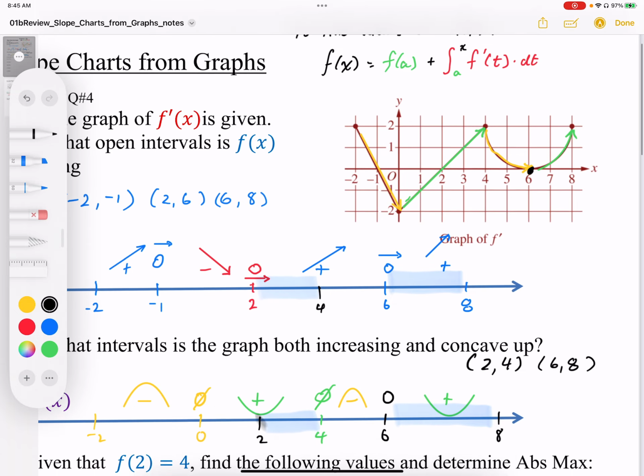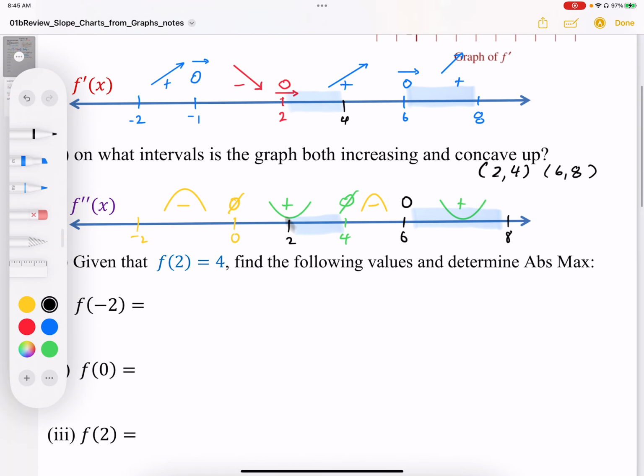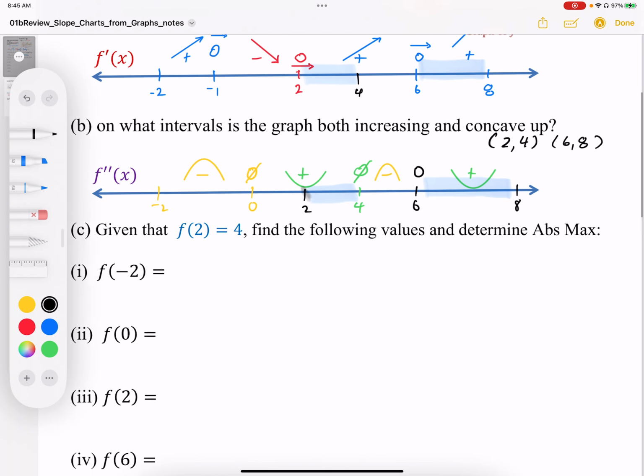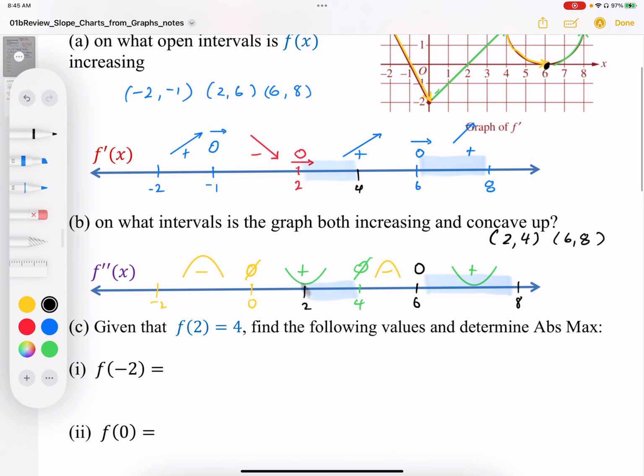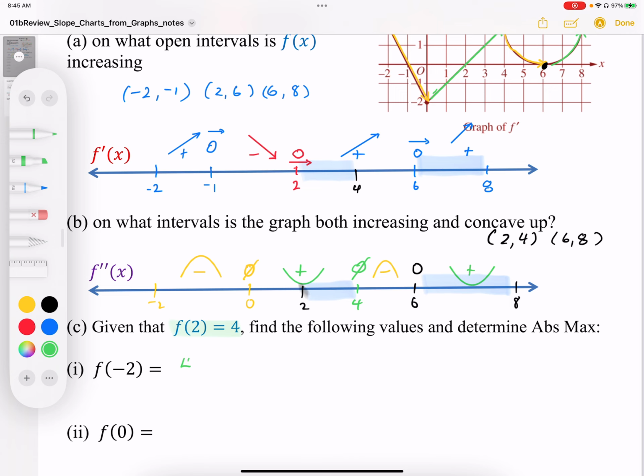Okay, so if I want to find f of negative 2, I have to start at f of 2. That's my starting point. So I'm going to start at f of 2, which the value is 4. And maybe I'll just do it in notation first.